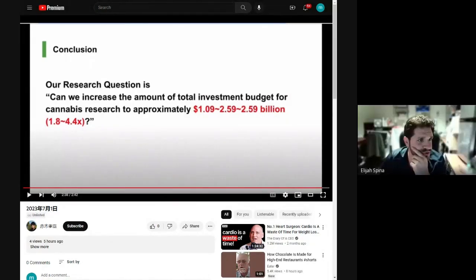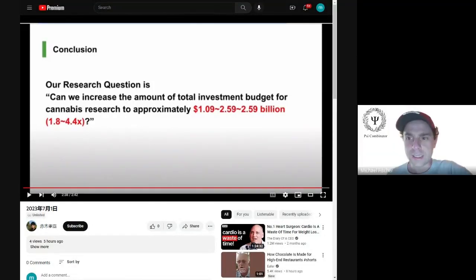Yeah, I was wondering if they were going to raise that much, or if they're estimating the current amount of funding going into it and then trying to contribute to that. But yeah. Yeah, exactly. I mean, cannabis is such a rich field here. I think you guys can think of another topic that can help.